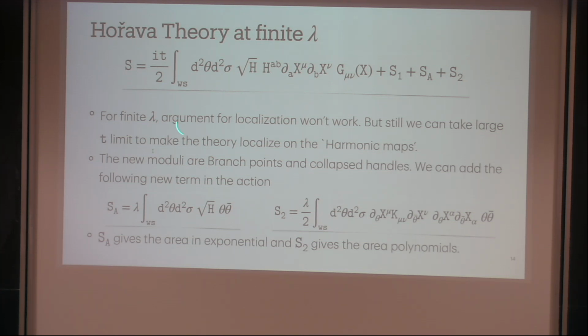Now, for finite lambda, due to these terms, localization doesn't work. But we can take the t goes to infinity limit by hand, and we can localize to harmonic maps as it was prescribed.